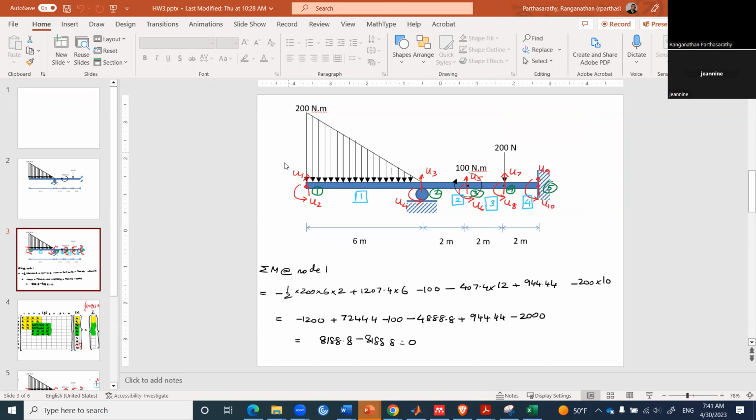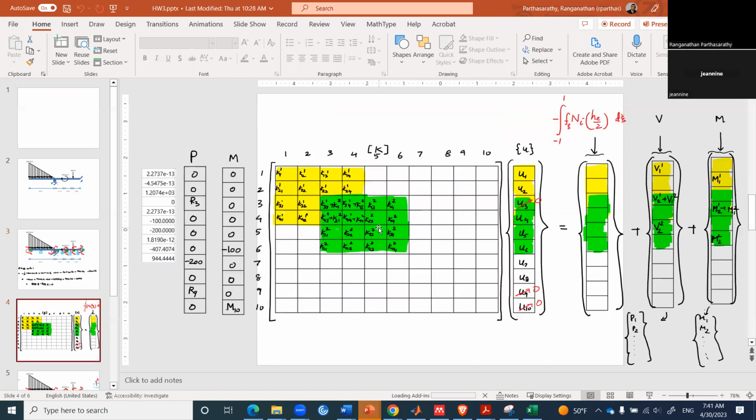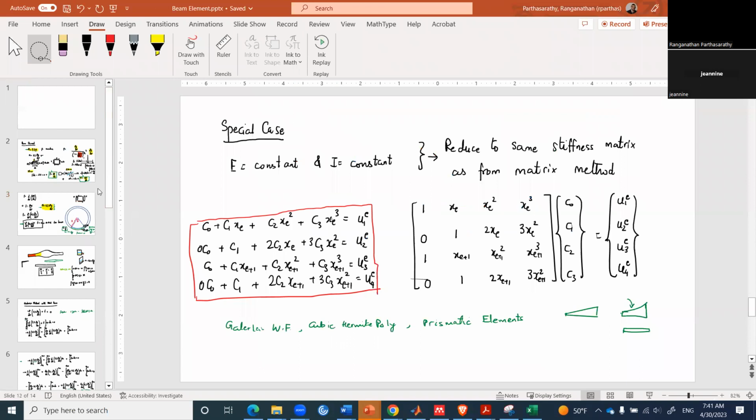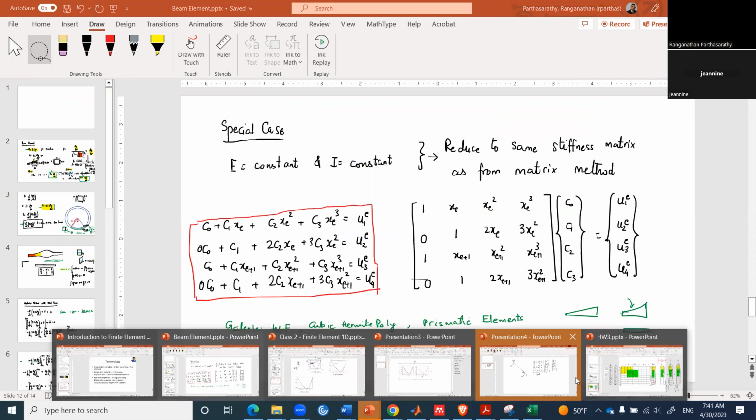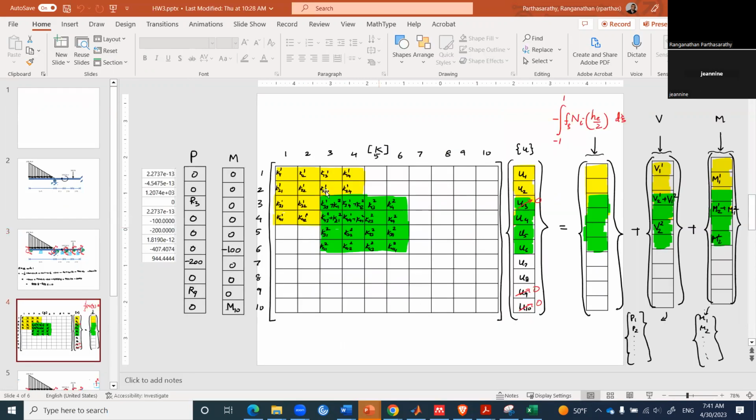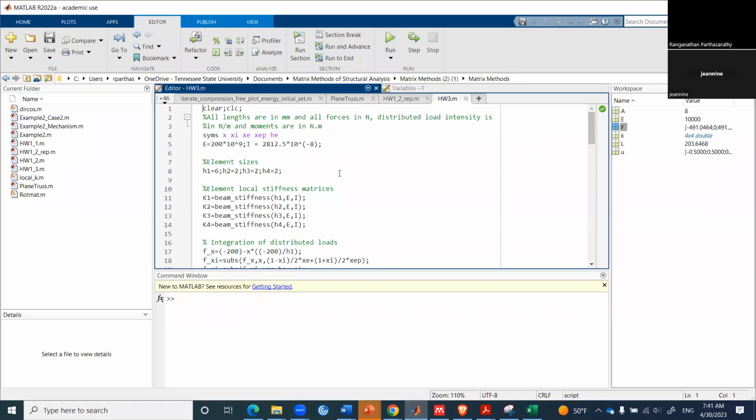So you have 10 degrees of freedom along the length of the beam. Your stiffness matrix size will be 10 by 10, right? Now you need to prepare the local stiffness matrices for each element. That's the first step, so that we did in the code.